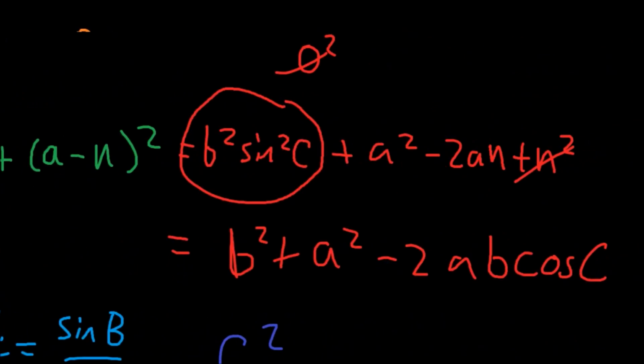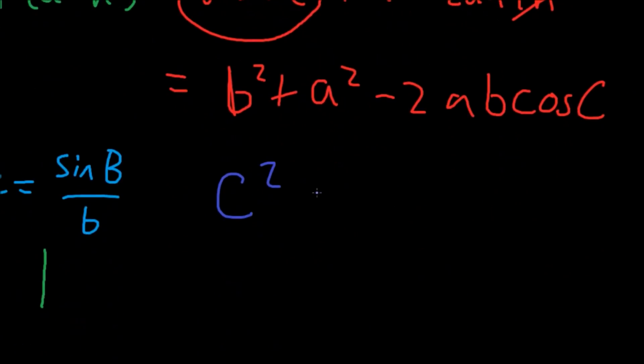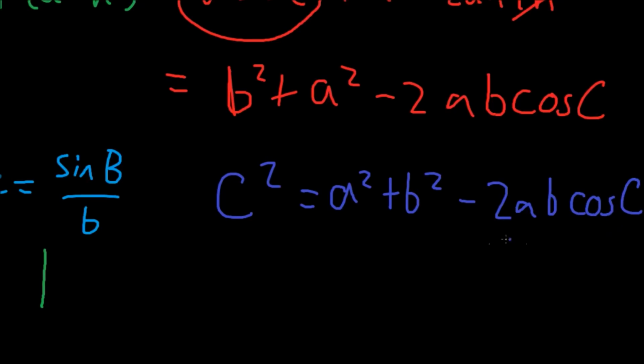C squared equals A squared plus B squared minus 2AB cos angle C.